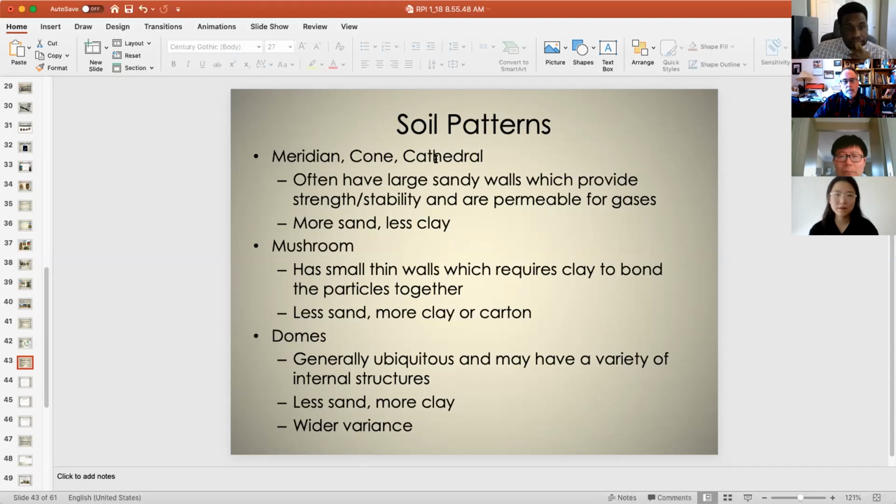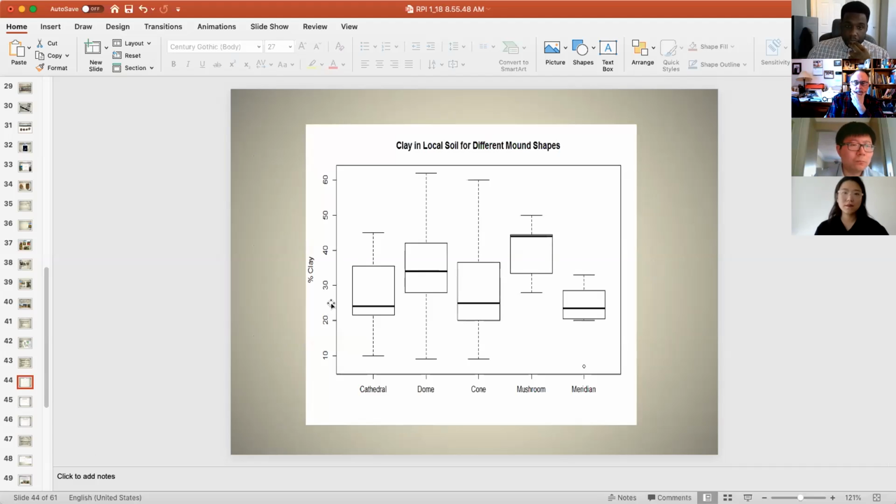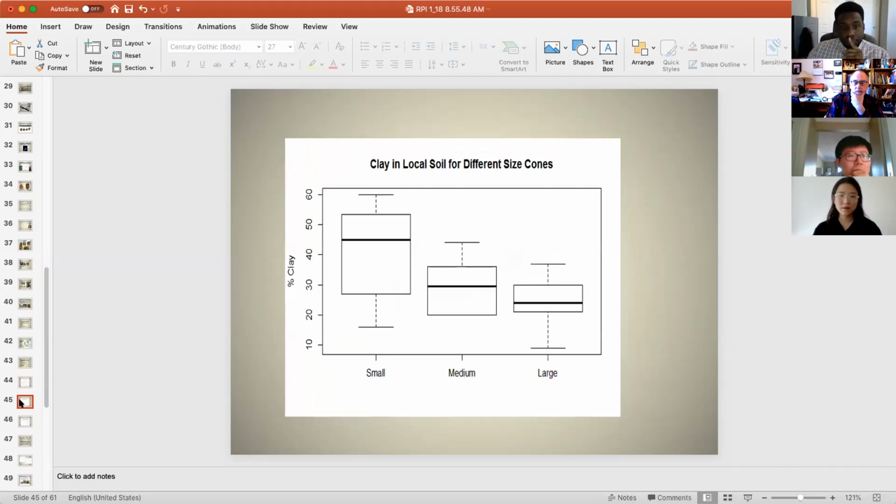For meridian, cone, and cathedral mounds, the large mounds that you get, there's a lot more sand and a lot less clay available. For dome mounds, you have more clay and you don't have the sand, which gives you the ability to build larger and actually have some stability. So to a great extent, it's a materials problem. He looked at clay and local soils for different mounds.